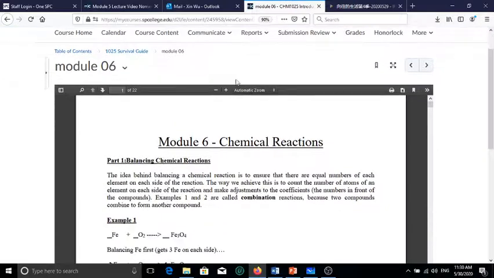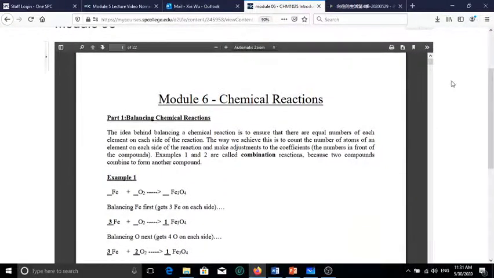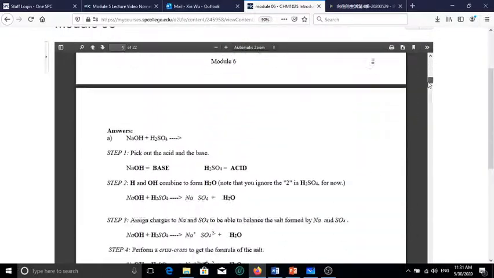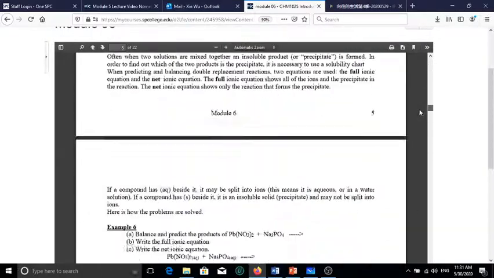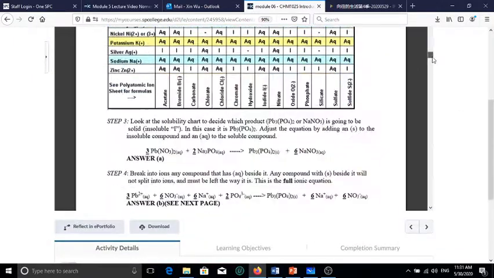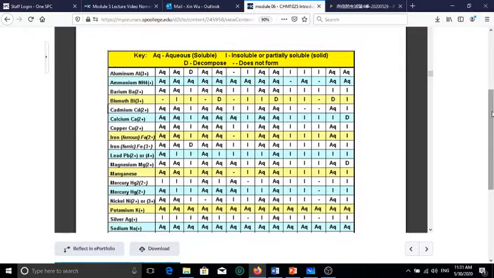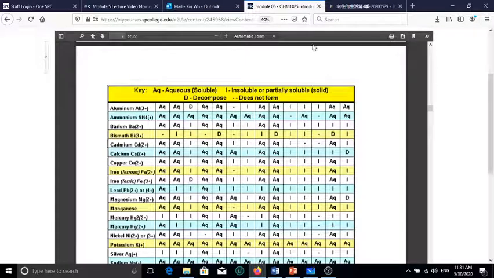And you can download this. You can pull down this manual and then download it, or you don't have to. If you scroll all the way to, I think, page 7, this is page 7 of module 6 of the survival guide. So here's a table. You can see this is a table that shows you, let me see if I can zoom this up.